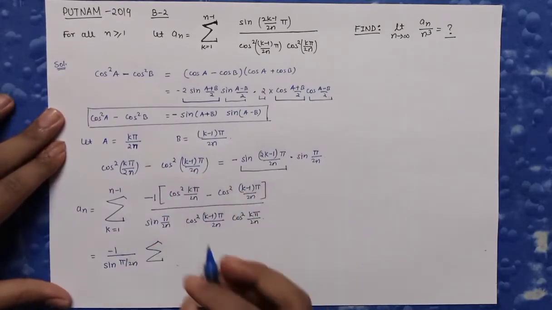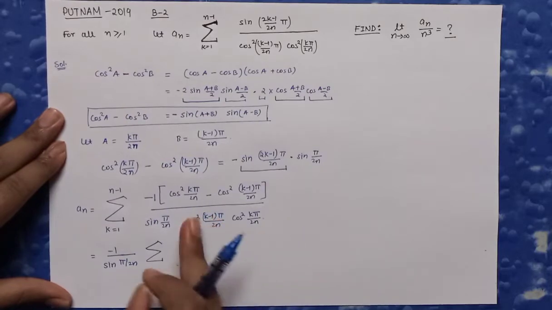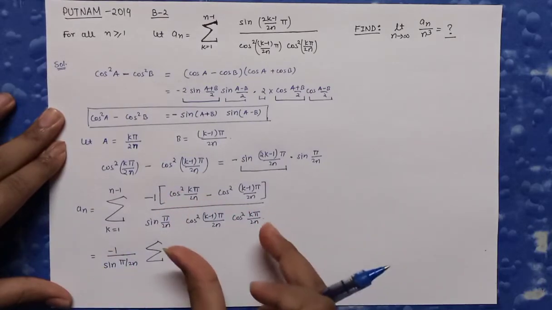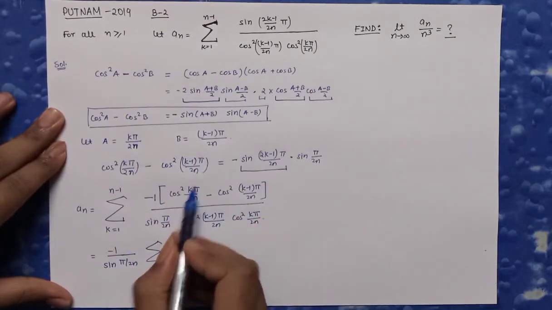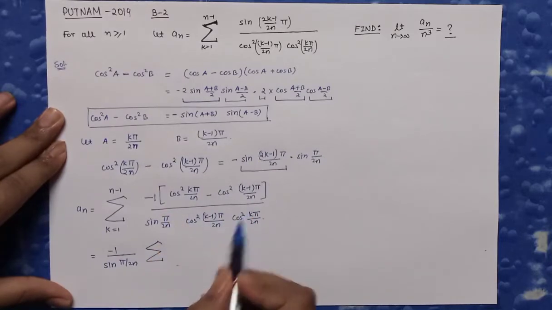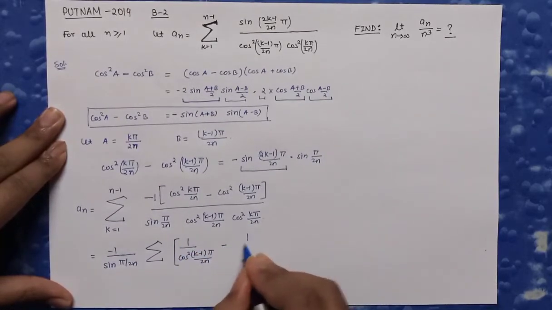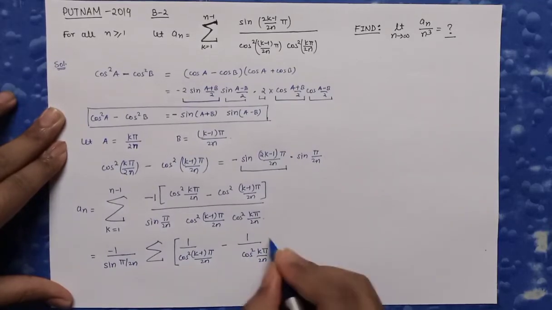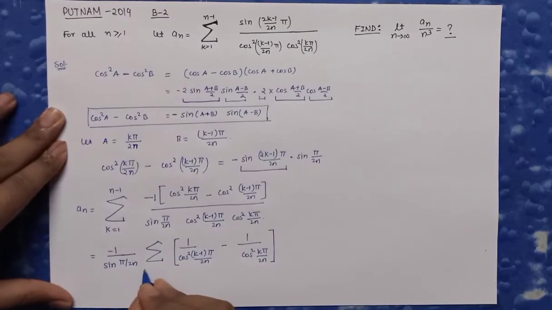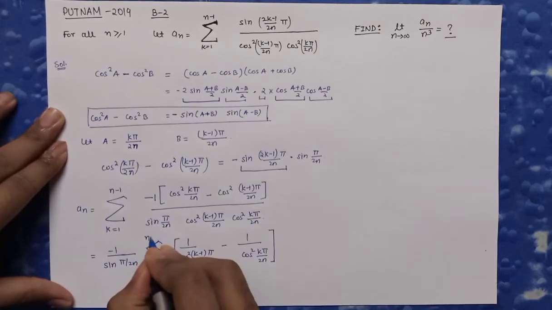If I break it into a difference of two fractions, then one term will cancel in the first part. Then I will be left with 1 over cos square((k minus 1) pi by 2n) minus the next term. It is all about manipulations, which I think we all can do, and the summation is from 1 to n minus 1. Okay.